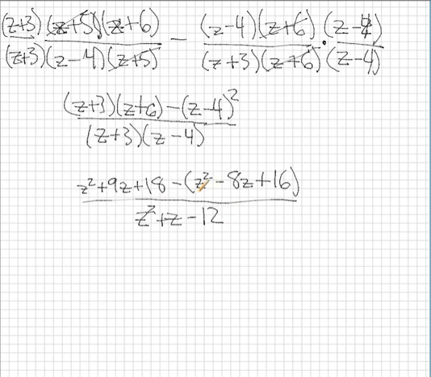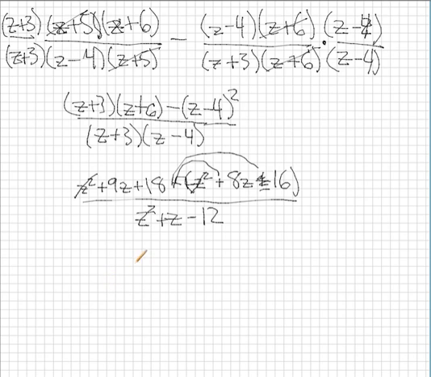Now what we're going to do is we're going to cancel these out. So we're going to distribute this negative sign to each one of these terms. So it's going to be negative z squared plus 8z and minus 16. So the z squareds are going to cancel out. What's z squared minus z squared cancels out to 0.